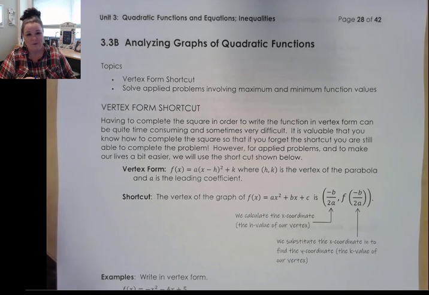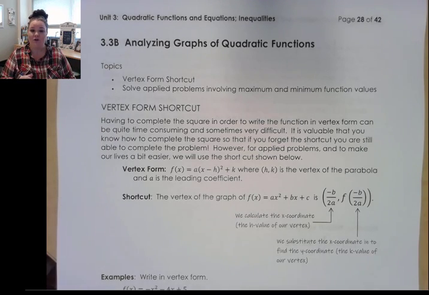Now, when we deal with word problems, our numbers aren't always easily managed, we'll say. Sometimes we have decimals, sometimes we have fractions, sometimes we have a combination of decimals and fractions, and that's not necessarily something we would want to have to use completing the square in order to get it into vertex form, because it gets a little nasty, right?